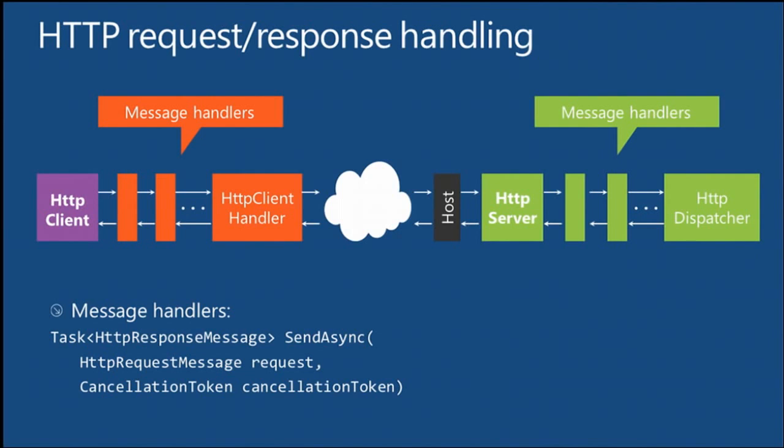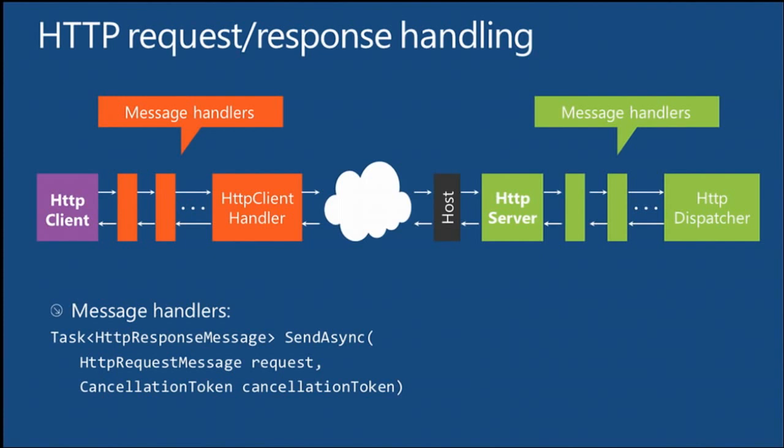And then there's some hosting layer for your Web API. Usually that'll be ASP.NET if you're hosting in IIS, but it doesn't have to be. We'll talk about some of the other hosting options in a minute. The host just needs to be able to take the request that came off the wire and reconstruct the HttpRequestMessage instance. Then it hands it to our Web API HttpServer. There's an actual type, HttpServer.